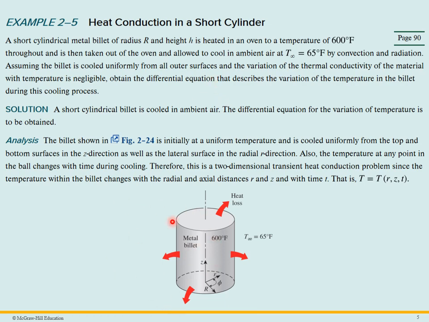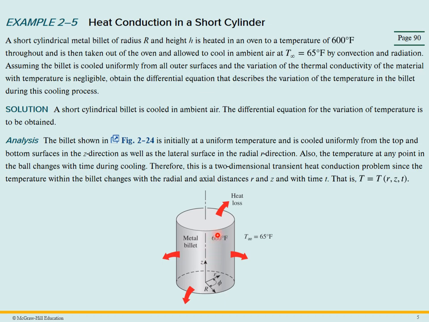So here's the short cylindrical billet, as he calls it, metal billet. So it's initially at a uniform temperature, and we're told that it's heated up and then taken out of the heater. So it's not undergoing any heat generation inside of it, so E dot gen is going to be 0.